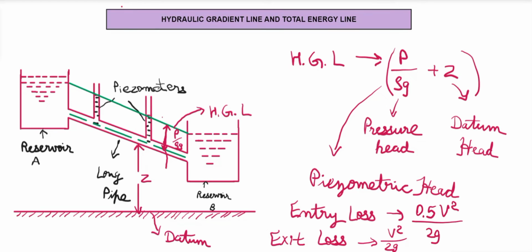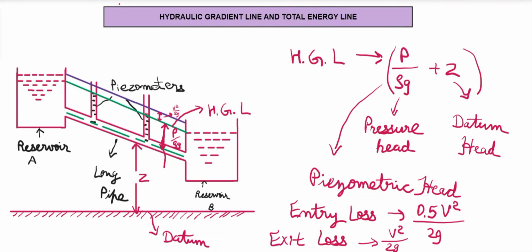Above the hydraulic gradient line, here we'll represent this as v square by 2g, and then we'll draw one more line. Now this line is known as the total energy line. This means that the total energy line is at a vertical distance of v square by 2g above the hydraulic gradient line.